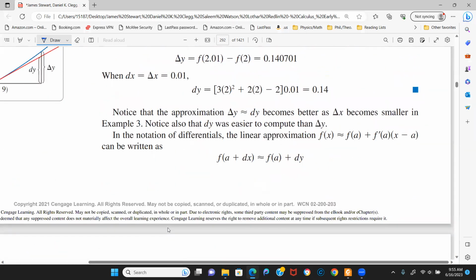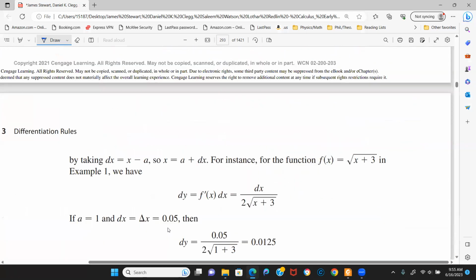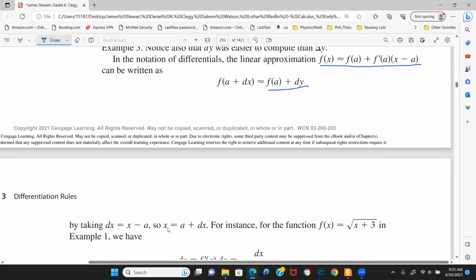And then they say here in the notation of differentials, this approximation right here can be written as follows, I guess. Okay, so they're doing that by taking dx. Well, okay, dy is equal to f prime of x dx.